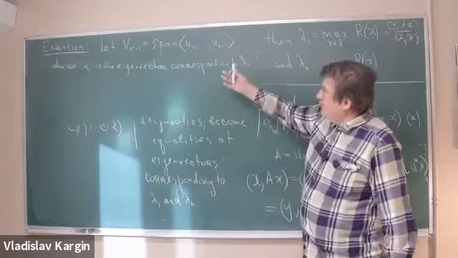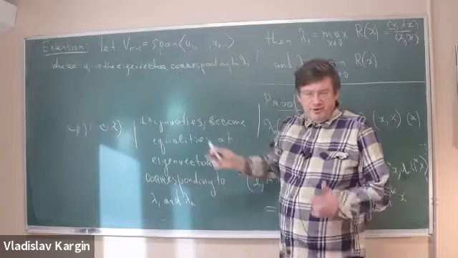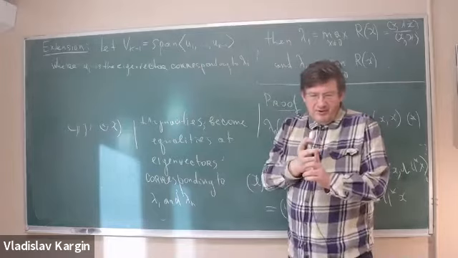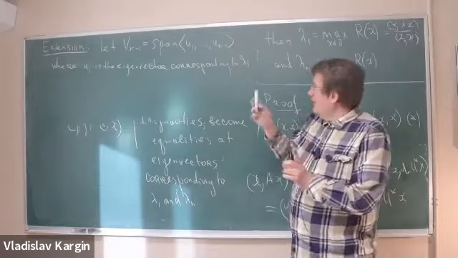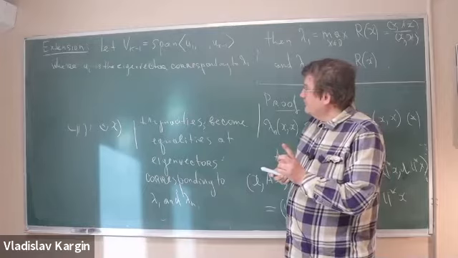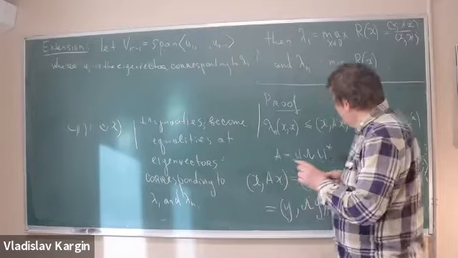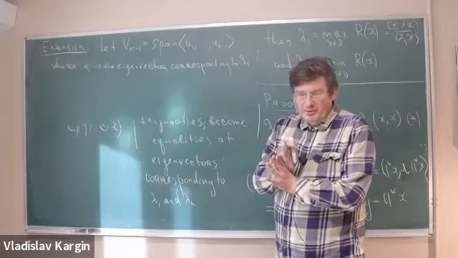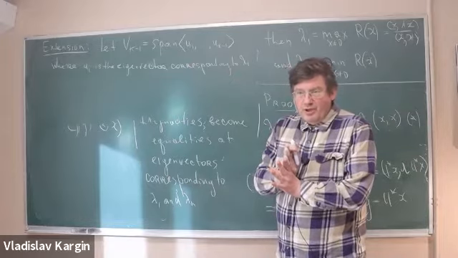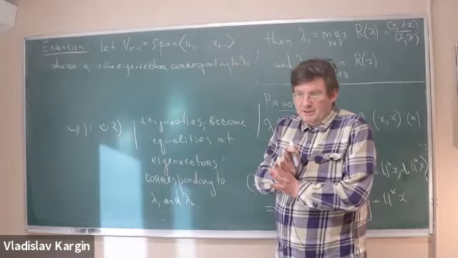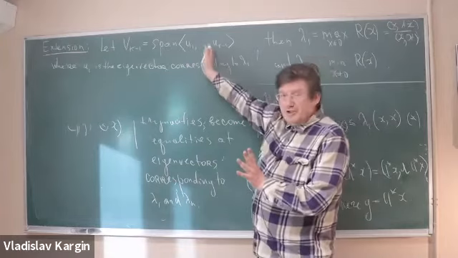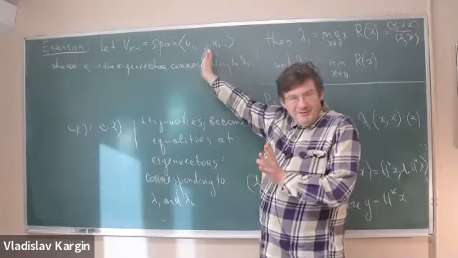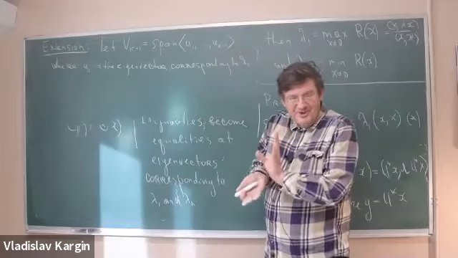Maybe I should also say they are all orthogonal. In principle, there is a possibility of equality, so lambda 1 is equal to lambda 2. In this case, we assume that you choose the eigenvectors perpendicular to each other.